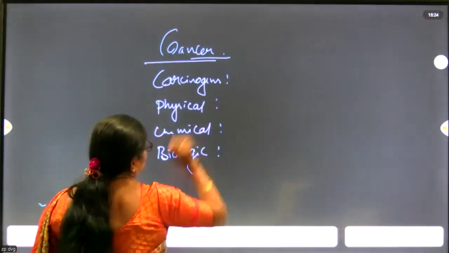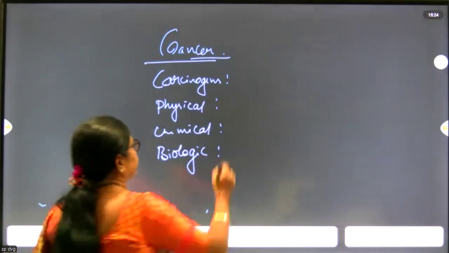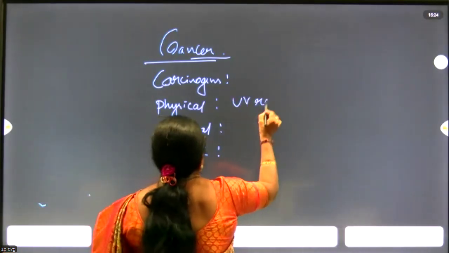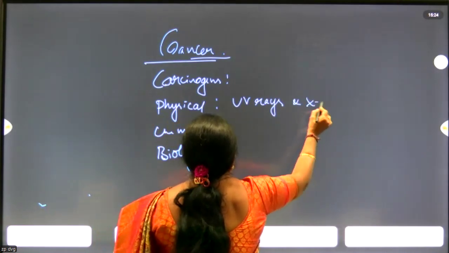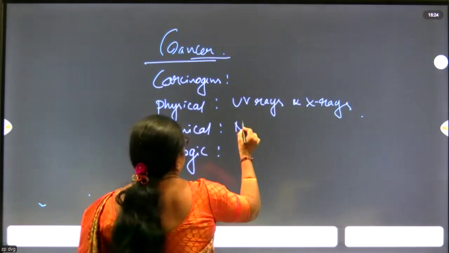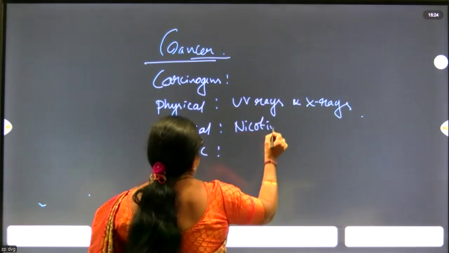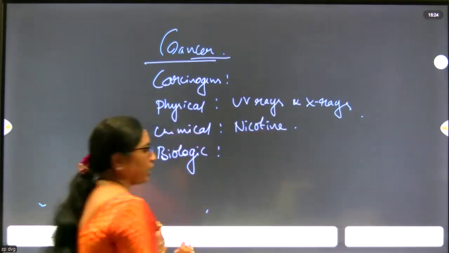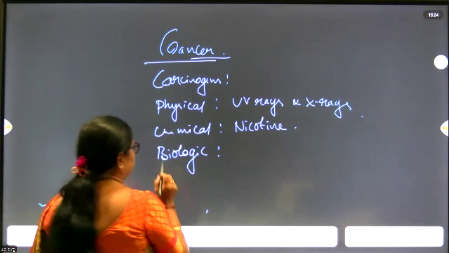The physical carcinogens are the UV rays and X rays. Then the chemical carcinogens are nicotine, which is present in cigarette, nicotine, which is present in tobacco, or once again, the cigarette.